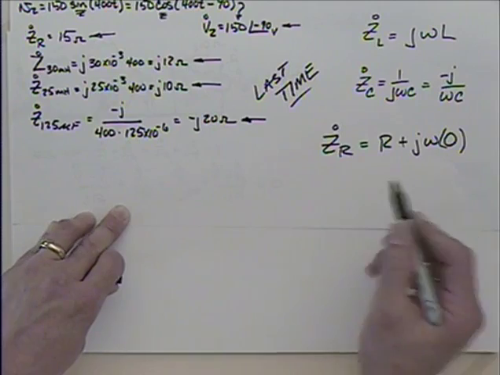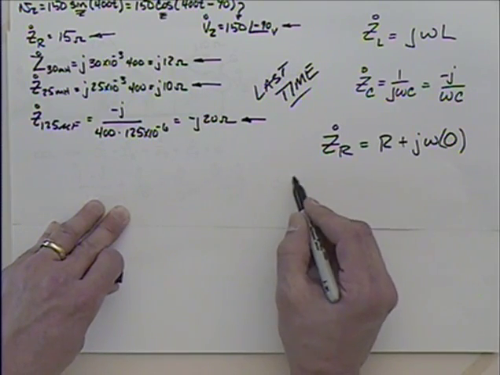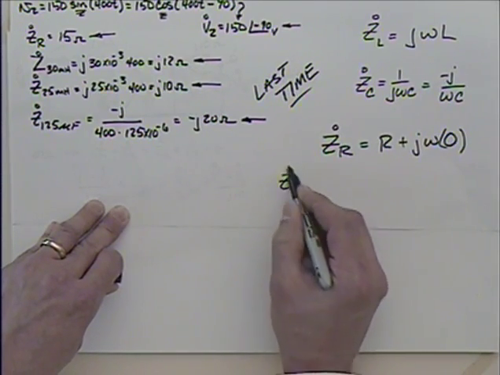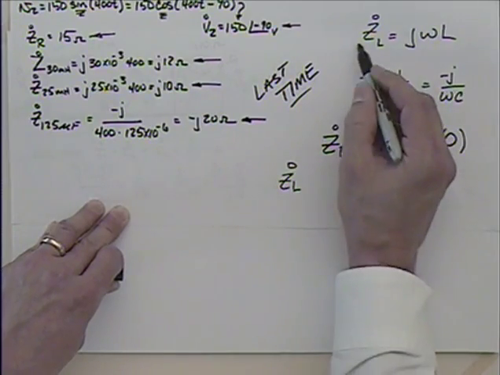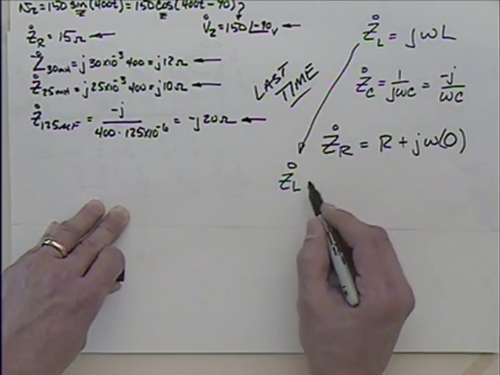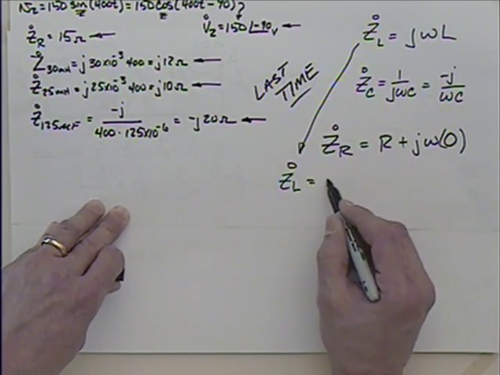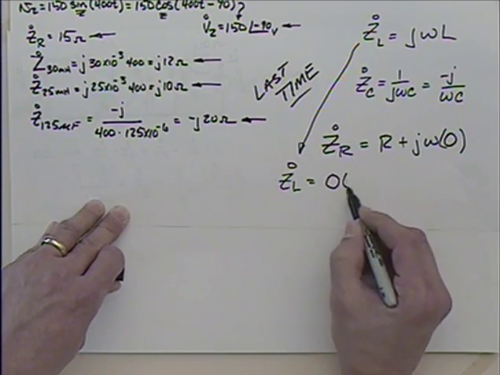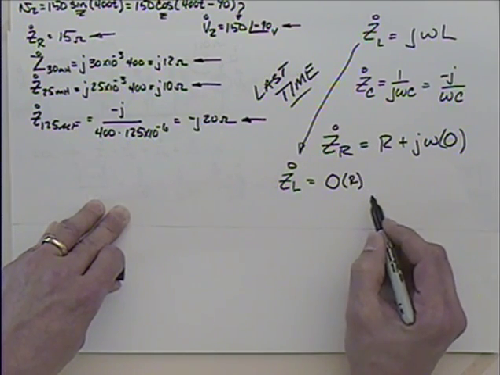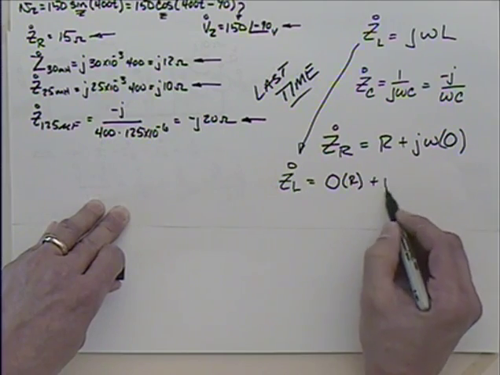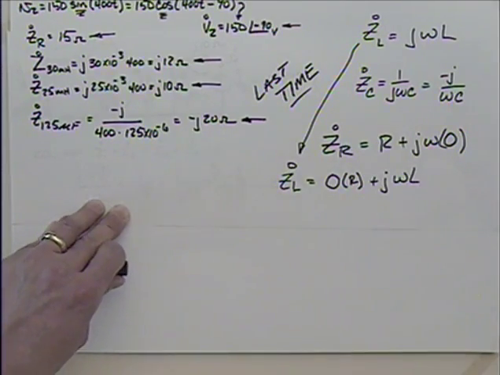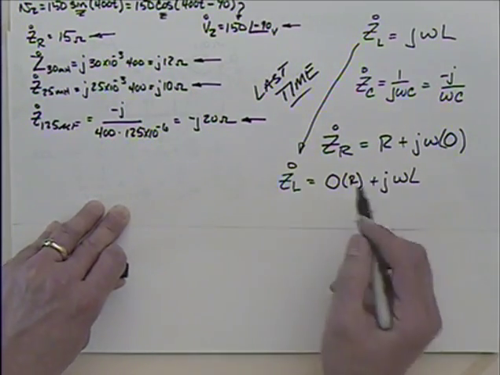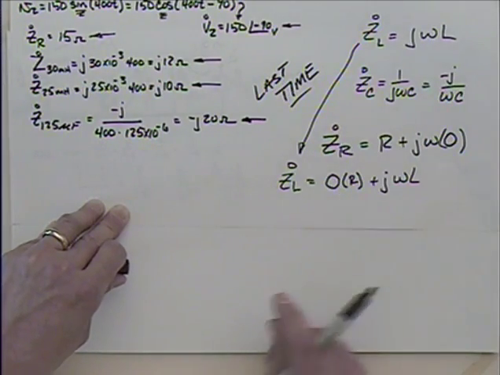To go a little further on this, let's say the impedance of the inductor, let me make this a little more complicated here, is equal to 0, essentially R, plus J omega L. And those of you that were down in lab say, oh, yeah, the heck with 0 R, it had quite a bit of resistance, didn't it?